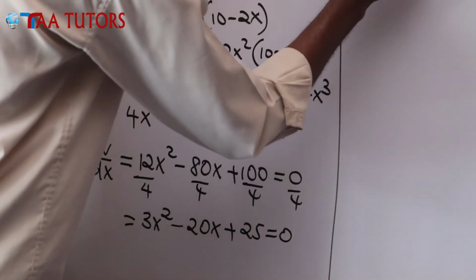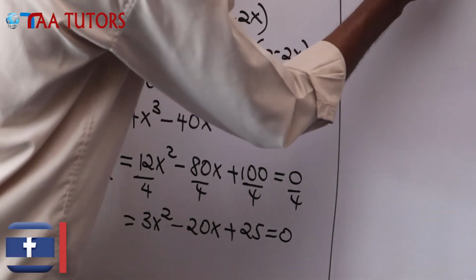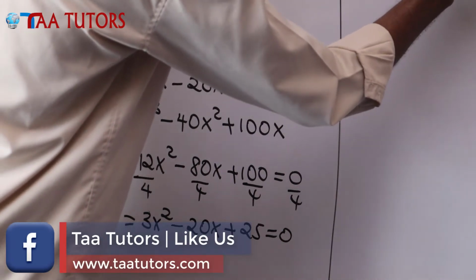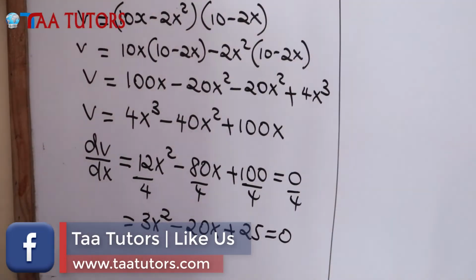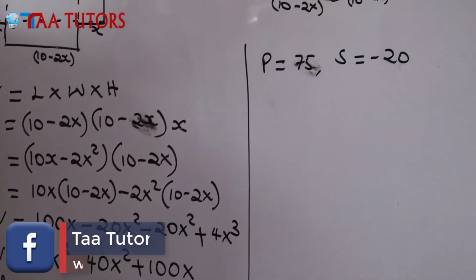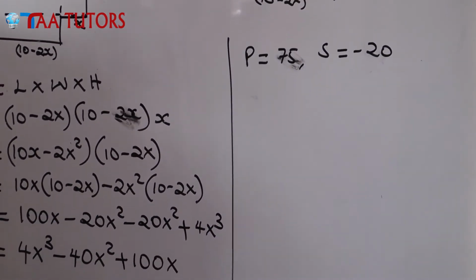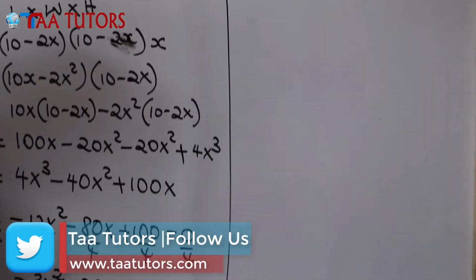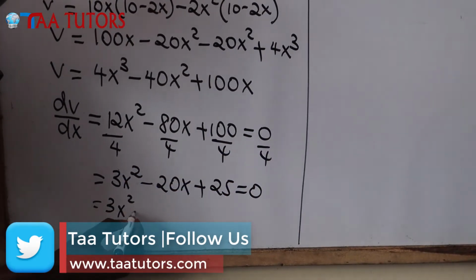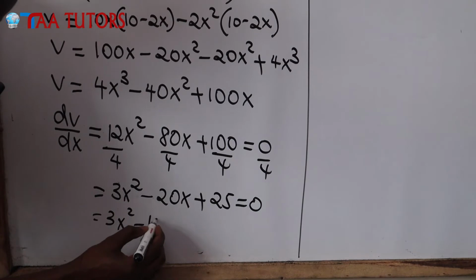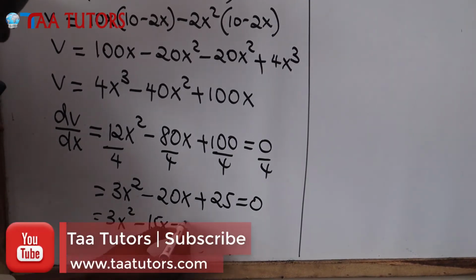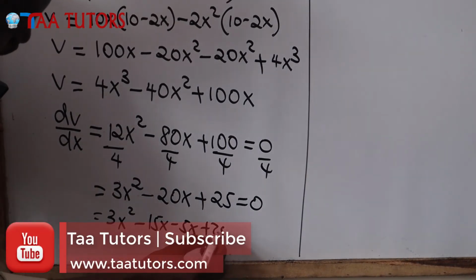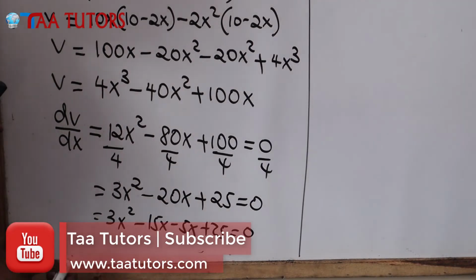Product is 75, and sum is negative 20. So negative 15, negative 5. Negative 15, negative 5, yes. So we'll say this is 3x squared minus 15x minus 5x plus 25 equals 0.